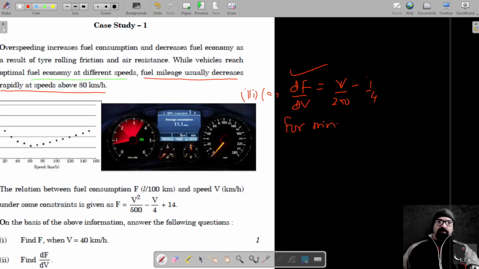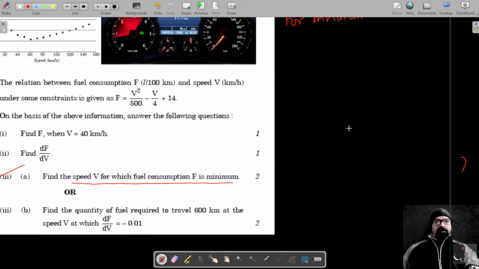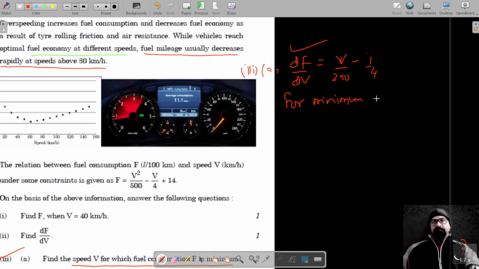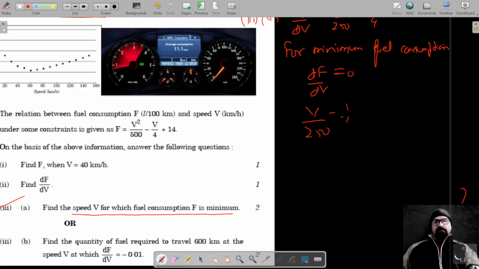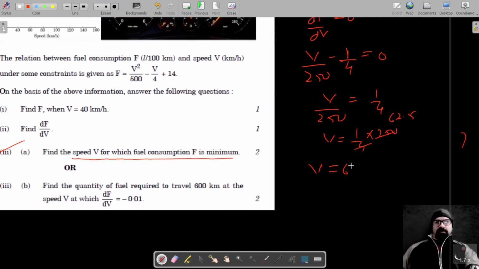For minimum fuel consumption, the first order derivative should be equal to 0. So v by 250 is equal to 1 by 4, and 1 by 4 into 250 is 62.5. So the speed is 62.5 kilometer per hour.